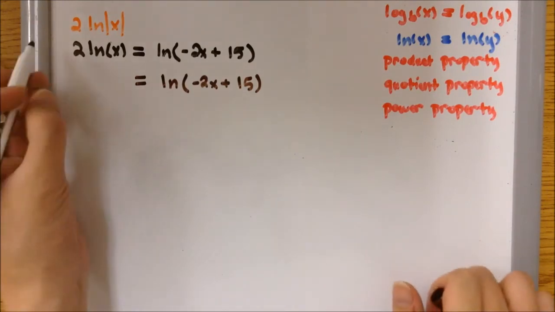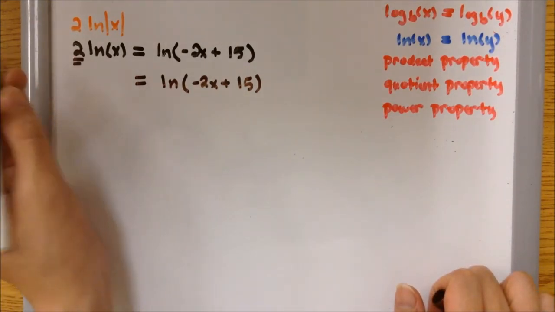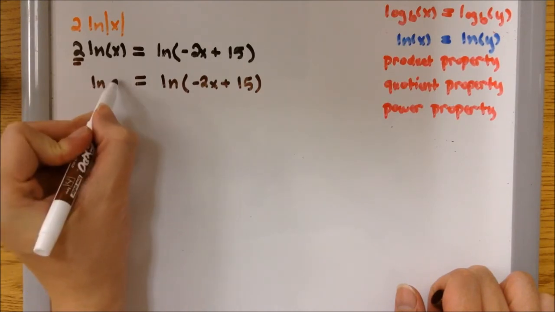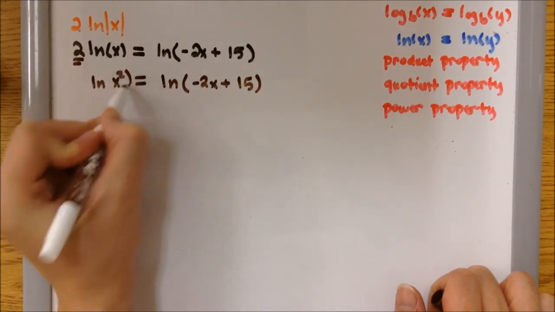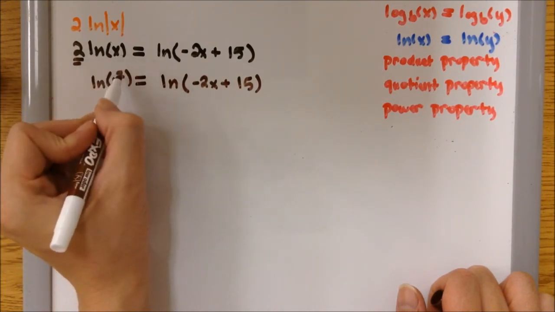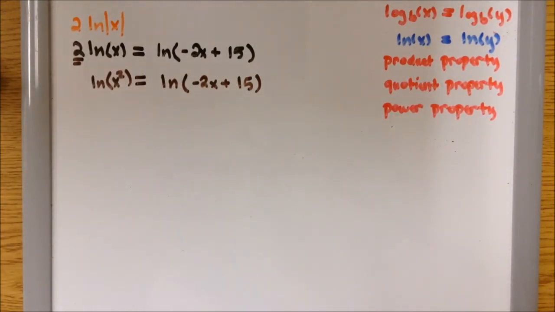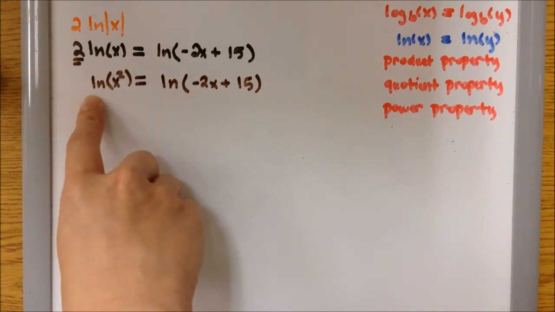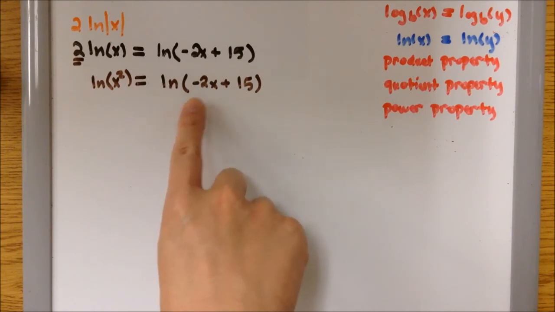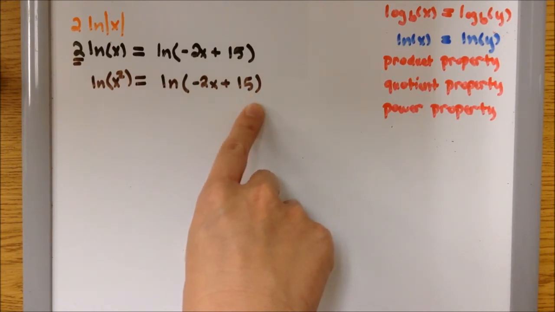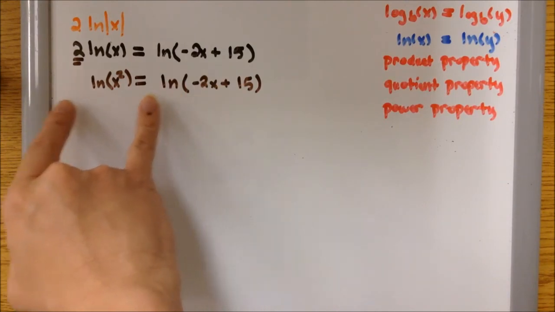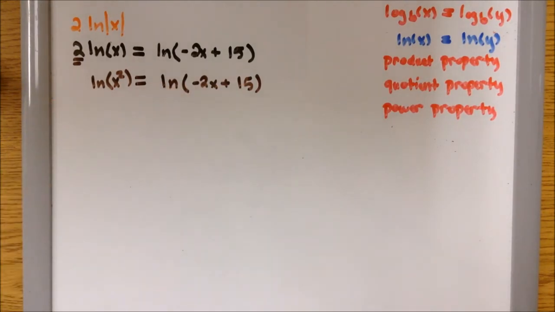I'm going to rewrite it, meaning moving this 2 as an exponent. So it's going to be natural log of x squared. The idea was to move the 2 as an exponent on the x. So now we have natural log of x squared equal natural log of negative 2x plus 15. Now both sides have natural log with an invisible 1, so we can keep going.